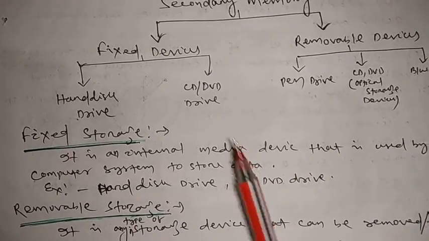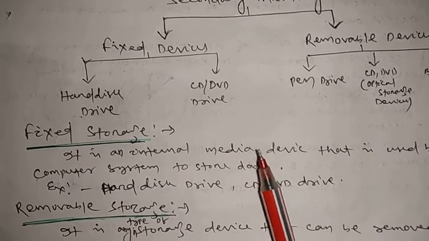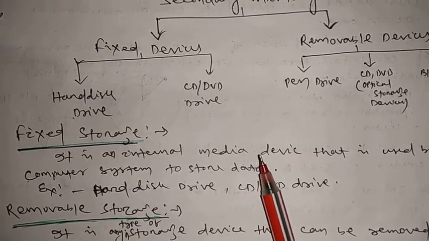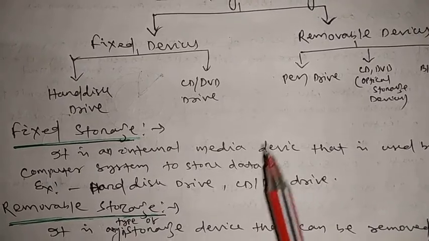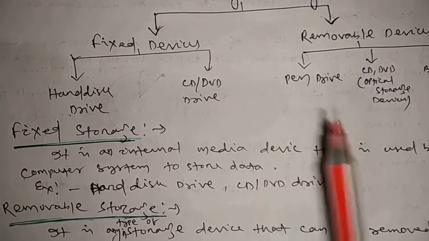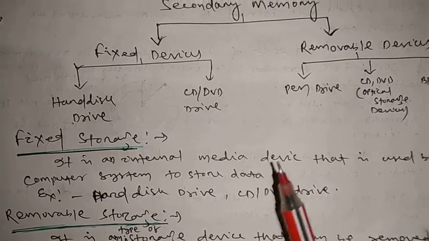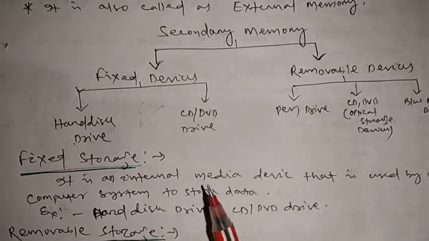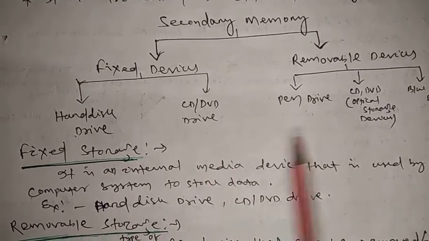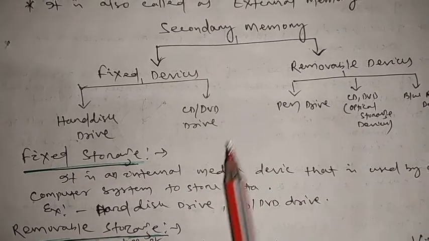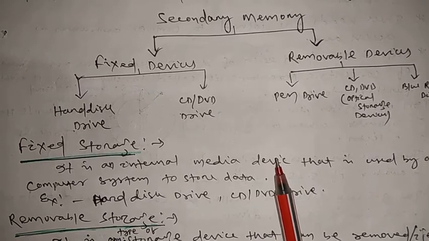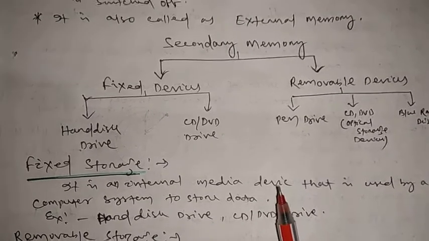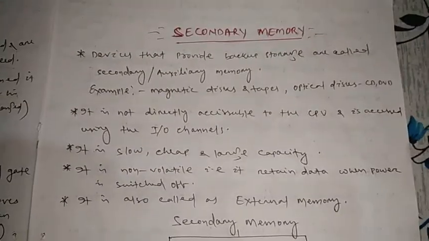If we want to remove it, we have to open the CPU or laptop, and after that we can pull out the hard disk. That's why it is called a fixed device. A fixed device is permanently fixed in your computer, and a removable disk can be used when required and removed afterwards. So these are the different types of secondary storage devices.